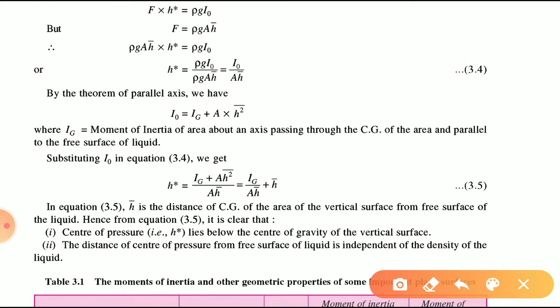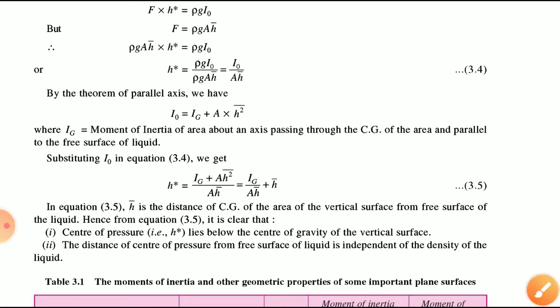Hence, if we replace this in the above equation, S star is equal to Ig plus A h bar square, divided by A h bar. If we simplify this, the equation becomes Ig divided by A h bar, plus h bar. So from this equation we can say that S star is equal to h bar plus that much amount, that is Ig upon A h bar.